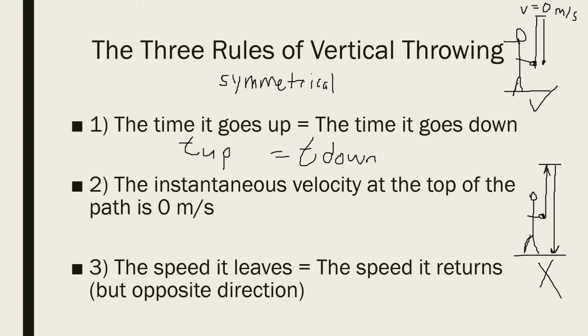And the speed it leaves equals the speed it returns, but opposite direction. So another way of thinking about that is V0 is going to equal the negative of the final V, because it's going to return the same speed but opposite direction. That's what the negative would mean. So a couple ways of thinking about this.